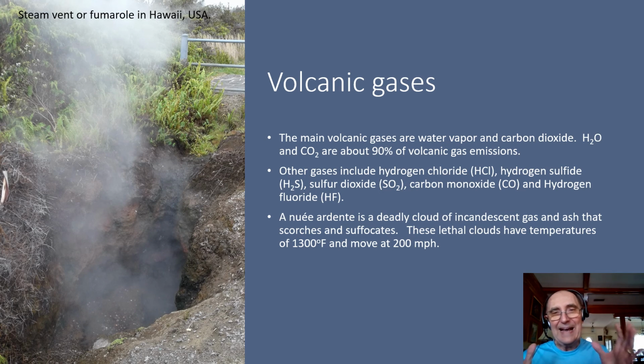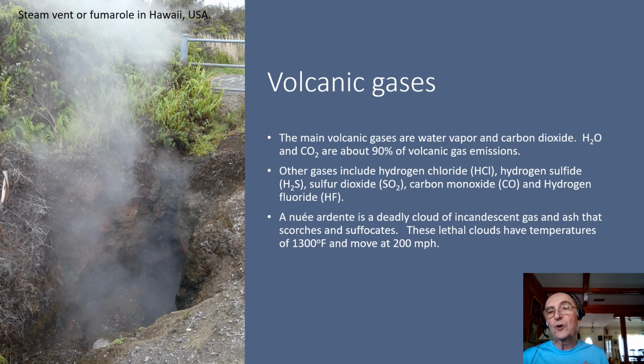The main volcanic gases that we find are water vapor, H2O, and carbon dioxide, CO2. Between these two, you have 90% of the volcanic gases. But there are other gases that come out of volcanoes that are pretty nasty. You have sulfur dioxide, SO2, that's a pretty bad smelling gas, and you have then some of your acids and your lethal gases.